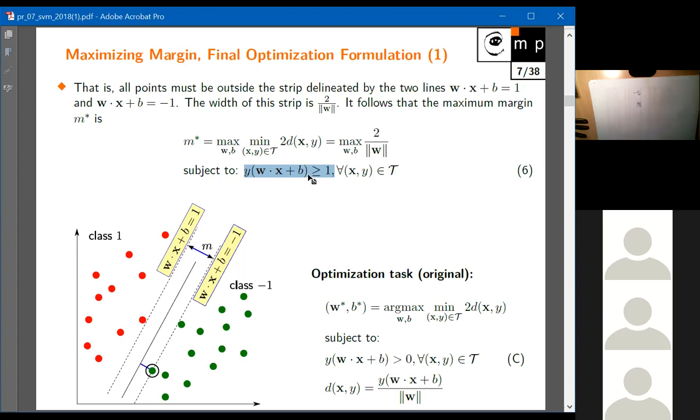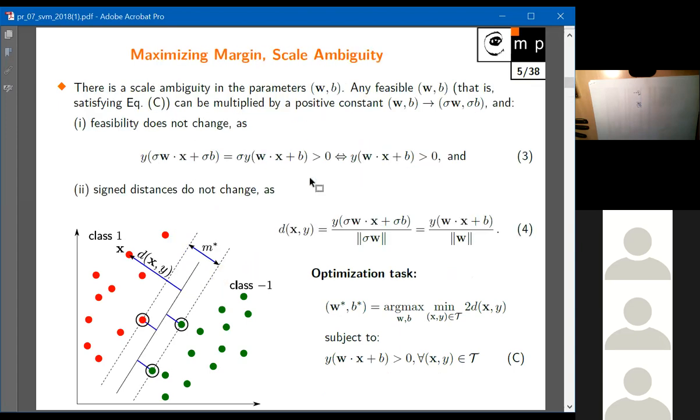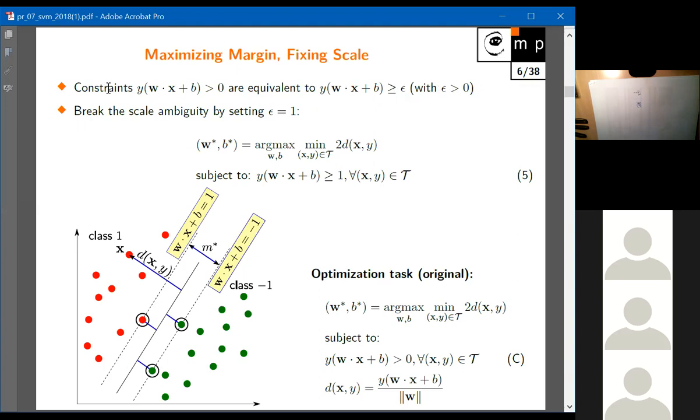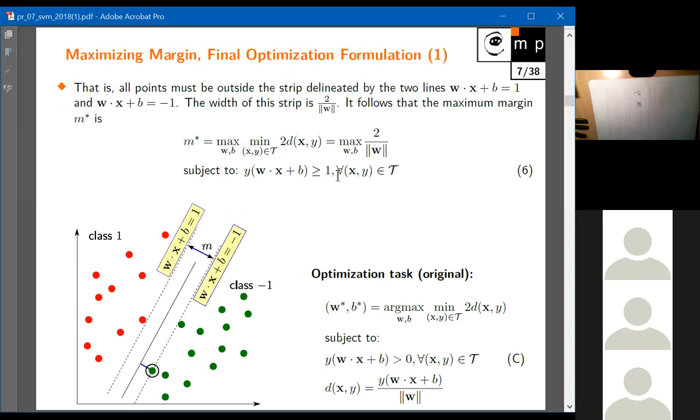So there's this scale ambiguity. Bigger than 0 is the same as epsilon, because if it's bigger than 0, we can select every epsilon since we could rescale w. So let's fix this epsilon to 1. This fixes the margin, and we will achieve this constraint with a margin of 2 with as small a W as possible, because the margin is 2 over W.